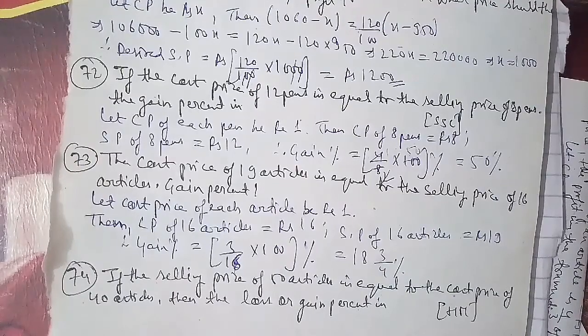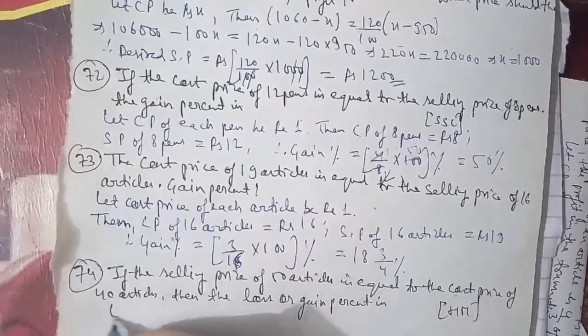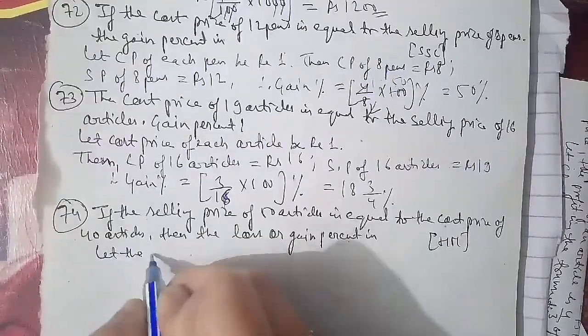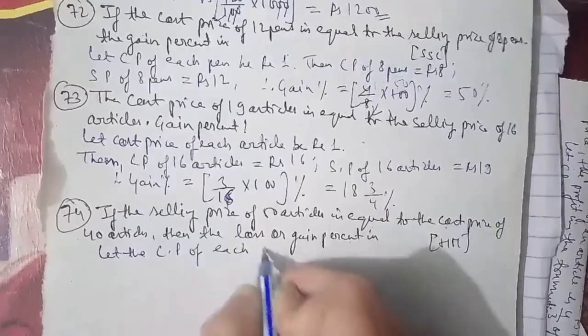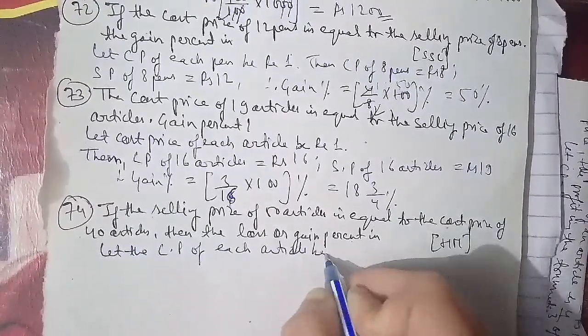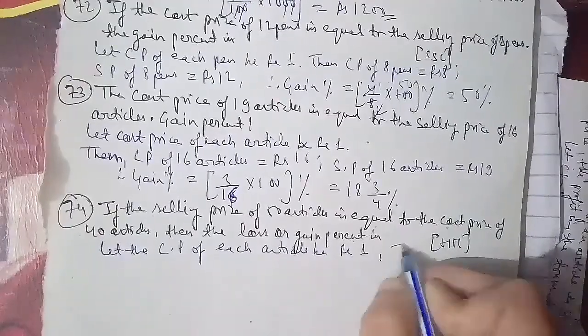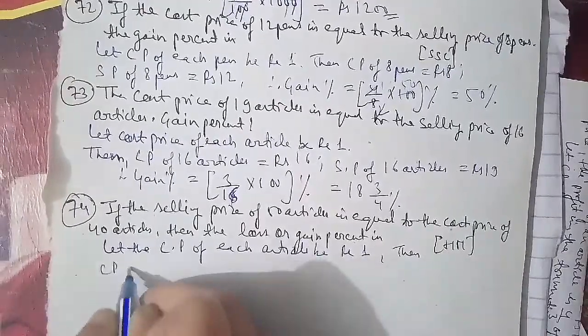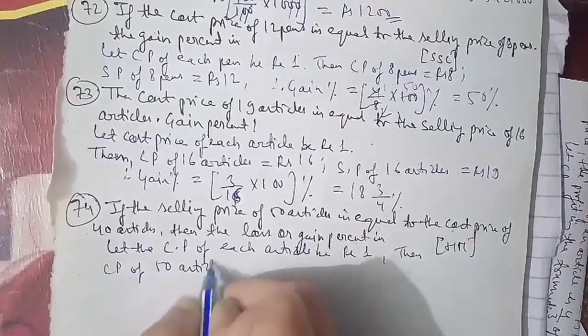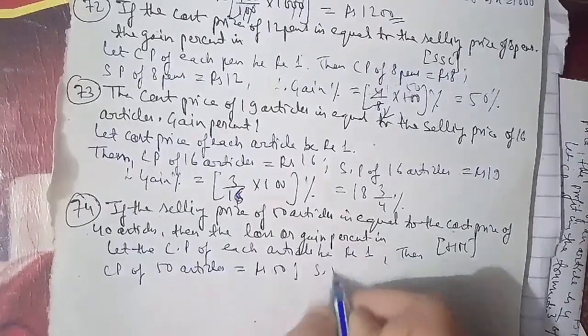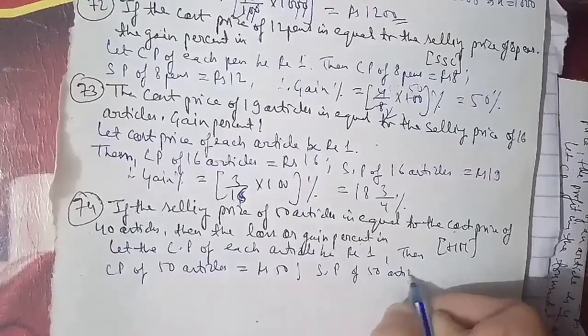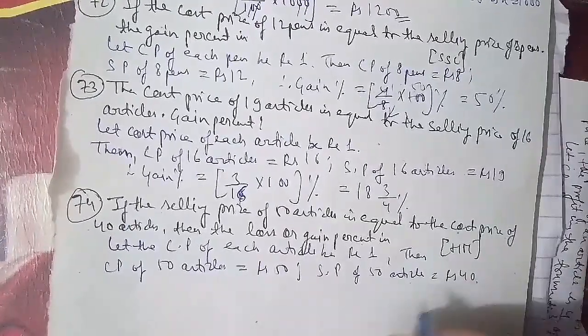Let's find it out. Let the cost price of each article be 1, then the CP of 50 articles equals rupees 50, and the selling price of 50 articles equals rupees 40.